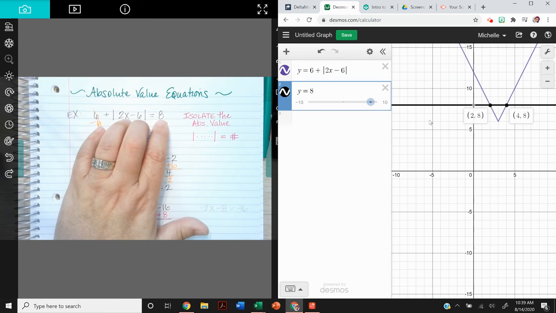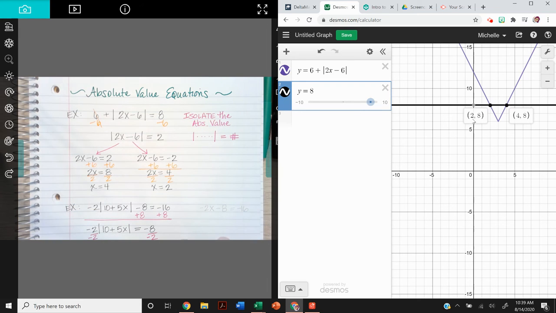Those pictures are equal to each other where they cross. If you look right here, look at your x value, because remember it's x comma y. Your x value here is x equals 2. My x value here is x equals 4. Which is a much more precise answer, and that's why I prefer this one.